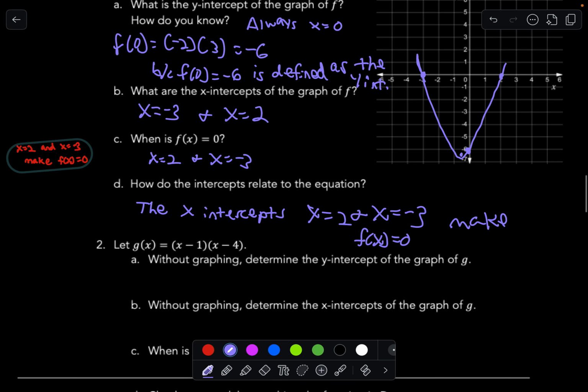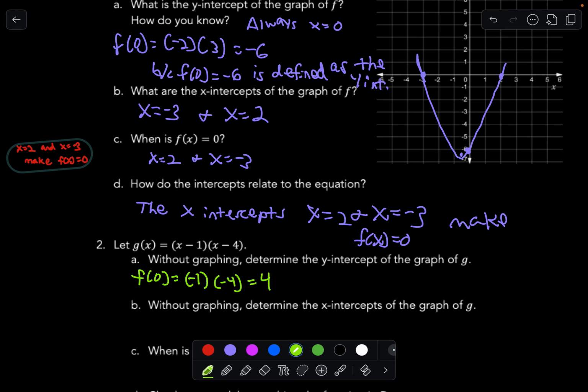So now let g of x equal x minus 1 times x minus 4. Without graphing, determine the y-intercept of the graph. Well, like I was saying earlier, that's g of 0, which is 0 minus 1 is negative 1, 0 minus 4 is negative 4, which gives 4.